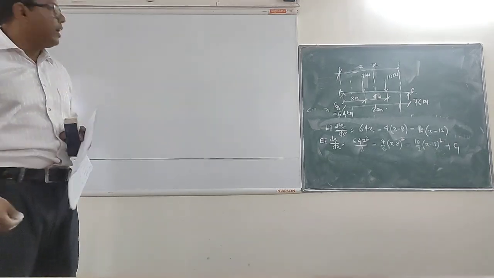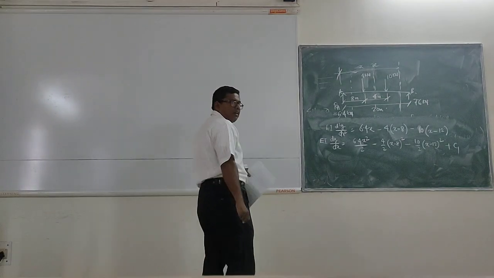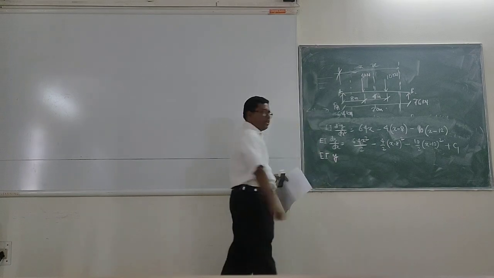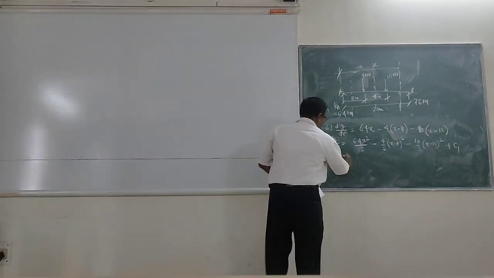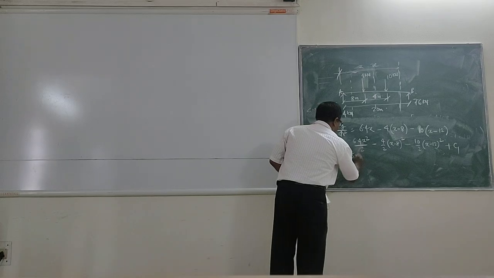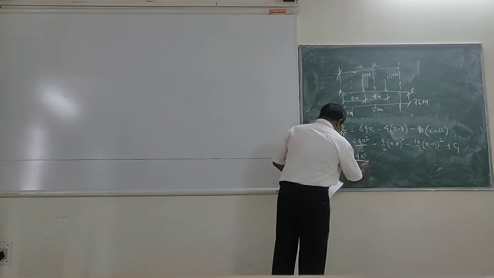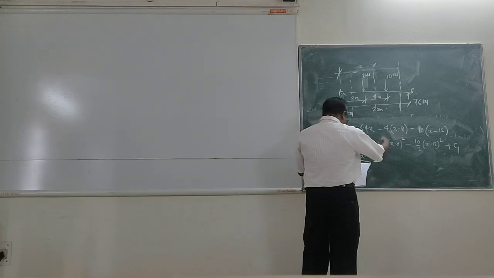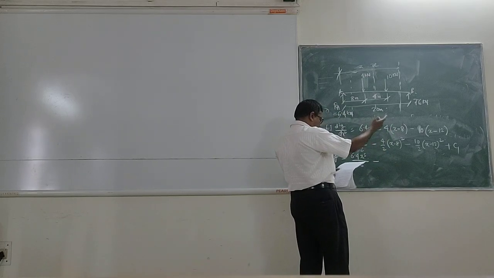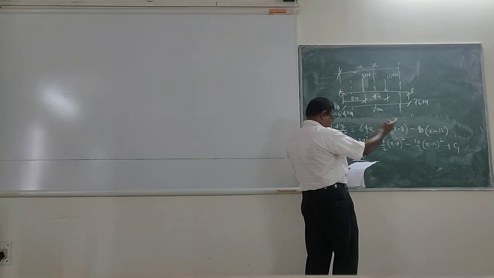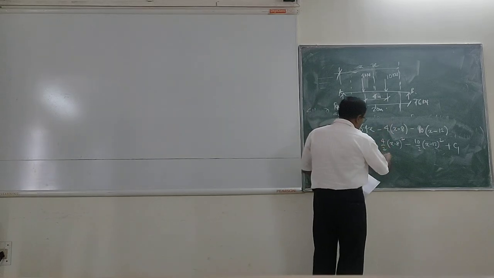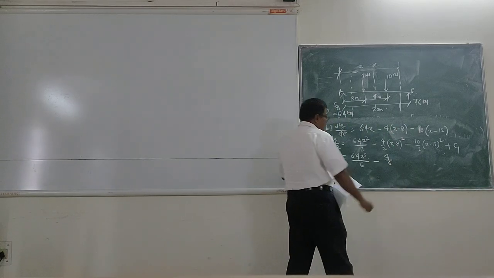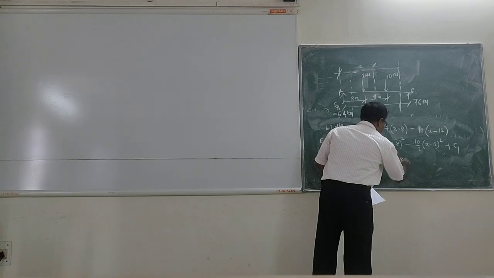Now after that, the second integration. So what will be the second integration? EIY equals 6.4 x cubed by 6, minus 4 by 6 into x minus 8 whole cube.